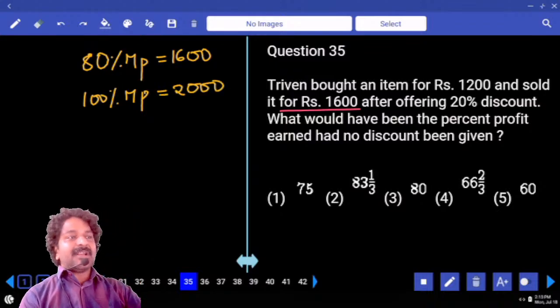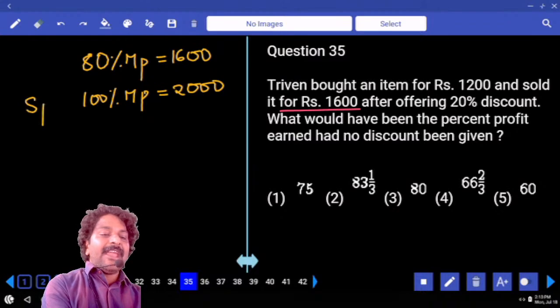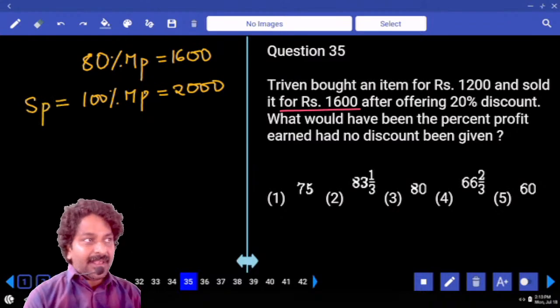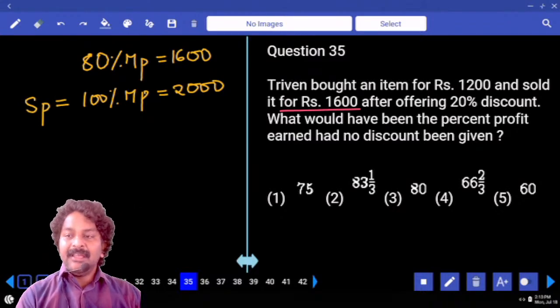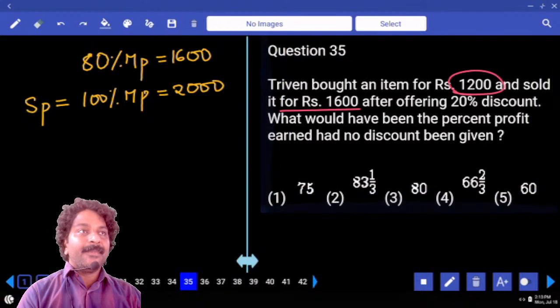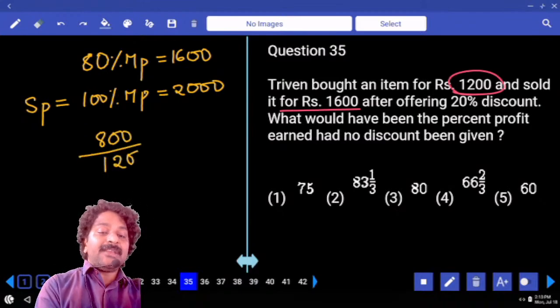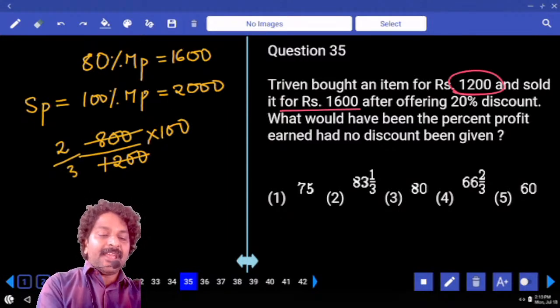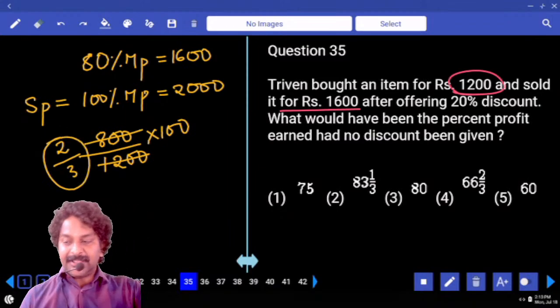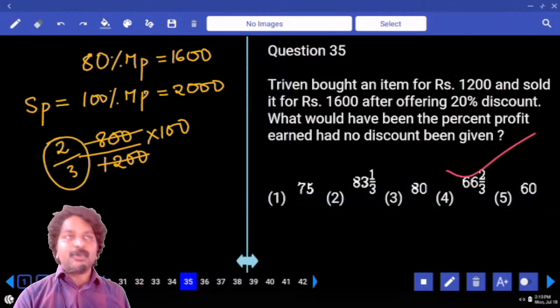If there is no discount offered, we have to sell the item at original market price, which is 2000. Where our cost price is 1200. Then how much profit is there? 800 profit upon cost price 1200. Percentage, into 100 only. 400, 2 times. 400, 3 times. What do you mean by 2 by 3 in percentage? 66 2 by 3%.